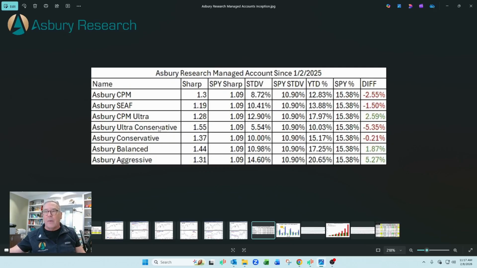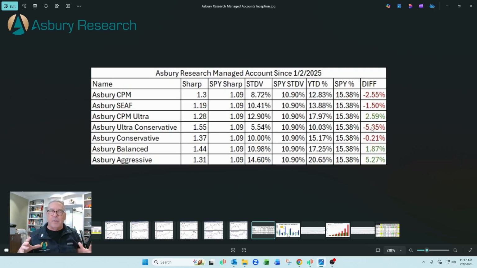I think the drawdown over this 13-month period was only 6% compared to 19% in the S&P. It's trailing by 5.35%. Ultra conservative historically trails the S&P again by about 3 to 4% annualized, but drawdowns are minuscule. Standard deviation and beta are a third of what the S&P 500 is.